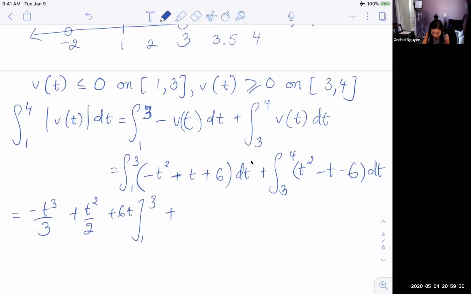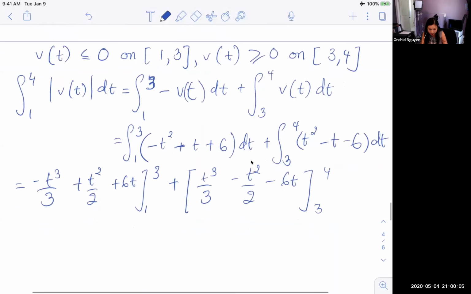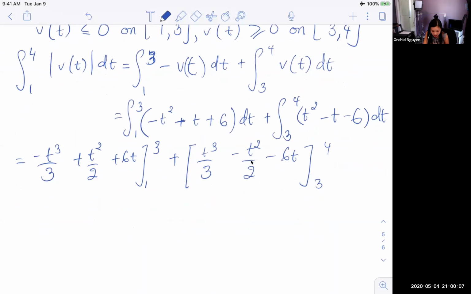And then the next one is t cubed over 3 minus t squared over 2 minus 6t. And this time we integrate from 3 to 4. Okay, so if you plug in everything, we're going to end up with 61 over 6, which is approximately 10.17 meters.